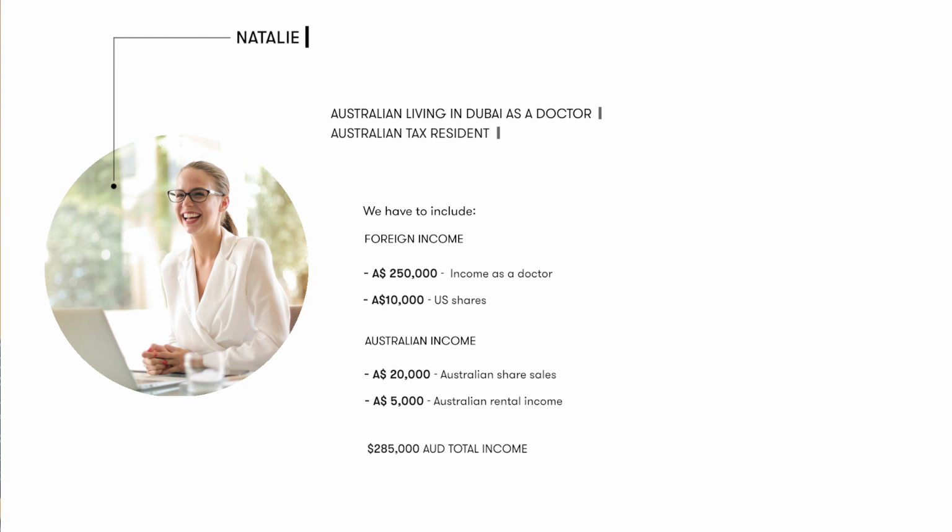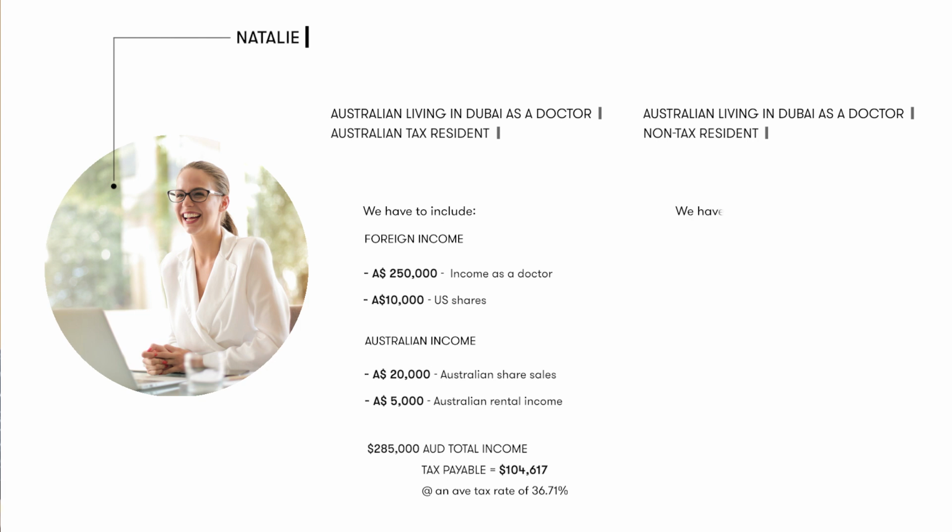And the tax payable on that $285,000 at tax residency rates is $104,000 with an average tax rate of just over 36%. Whereas if we compared Natalie being a non-resident for tax purposes, then she must only include her Australian sourced income on her Australian tax return.